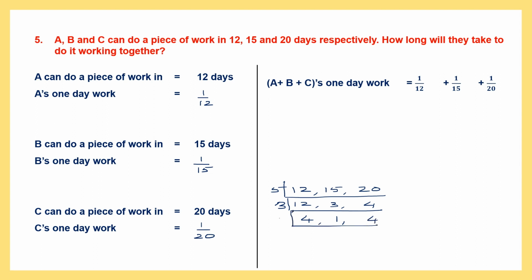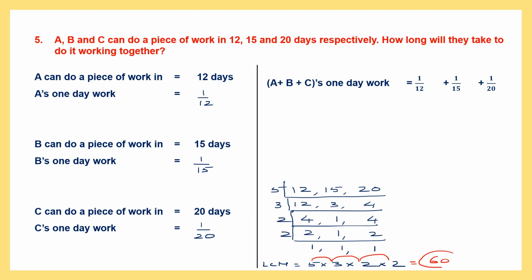Now continue with 2. 2 twos are 4, 1 and 2 twos are 4. Again, do with 2. 1, 1 and 1. So the LCM will be 5 into 3 into 2 into 2. So let's multiply. 5 threes are 15. 15 twos are 30. 30 twos are 60. So the LCM here is 60.